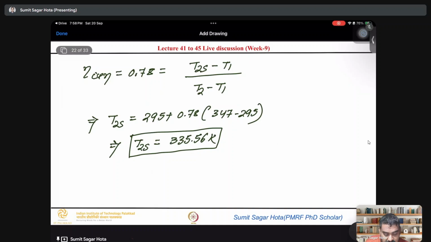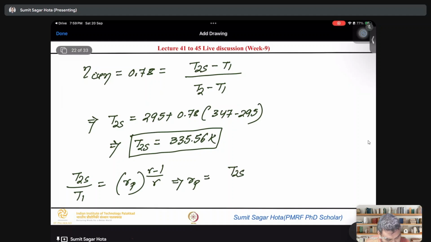So now we need to find out the RP value. Okay, the pressure ratio RP you need to find out. So T2s by T1 is equal to RP to the power gamma minus 1 by gamma, so RP is equal to (T2s by T1) to the power gamma by gamma minus 1.